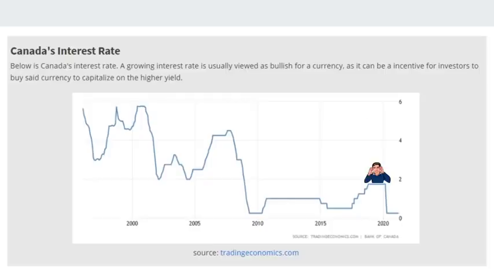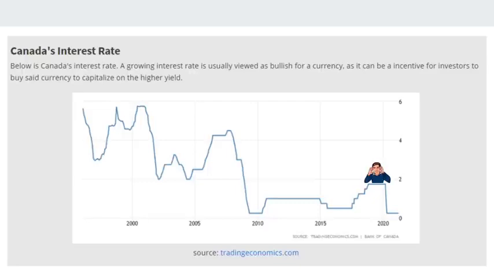Now, we can look at an example here. You can see here's Canada's interest rate. Now, we shouldn't pick on Canada too much because all interest rates around the world right now, for the most part, many countries have cut rates dramatically to cope with the 2020 pandemic that we faced.